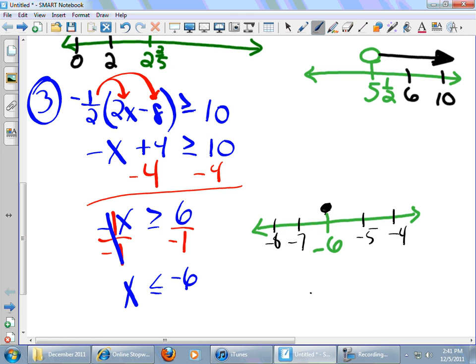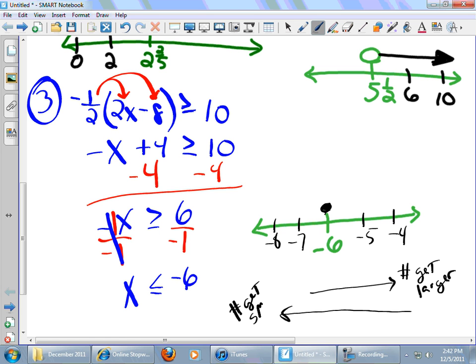And remember that as we move in this direction, the numbers get larger, which means as we move in that direction, the numbers get smaller, right? Well, if I'm at negative 6, I want numbers less than or equal to negative 6. Those numbers will be to the left of negative 6. I will shade to the left. Should never get that wrong if you are able to draw a number line.